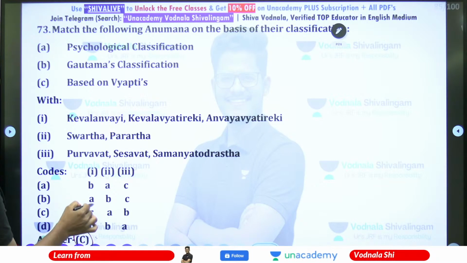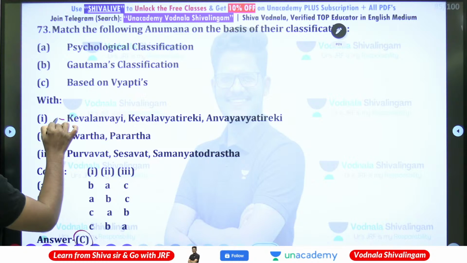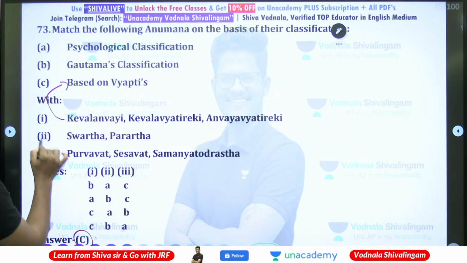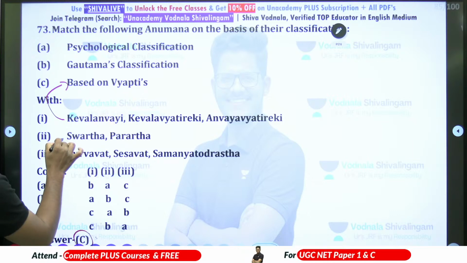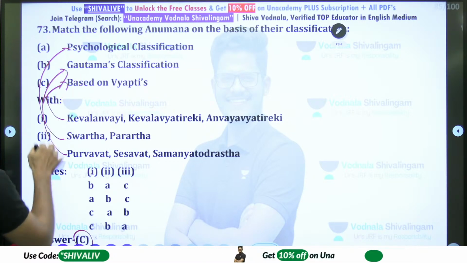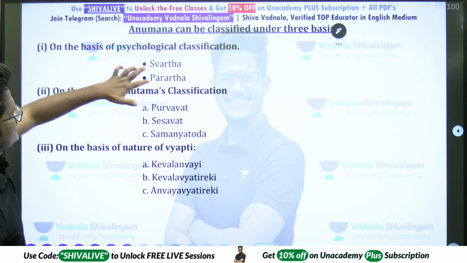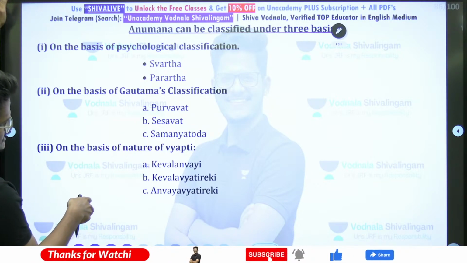Psychological classification. One is 3: Keval Anvayi, Keval Vyatireki and based on Vyapti. And second one is A: Swarda, Parartha psychological. Puravat, Sesavat, Gautama classification. So psychological is Swarartha, Parartha. Gautama is Puravat, Sesavat, Samanyato Drishta. Keval Anvayi, Keval Vyatireki and Vyapti.